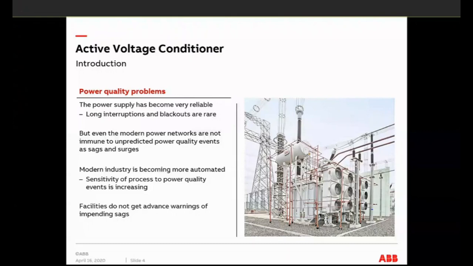But the problem here is that the facilities cannot have any advance warning that a voltage sag, outage or any power quality problem will occur, or that it will be absorbed by the structure itself.